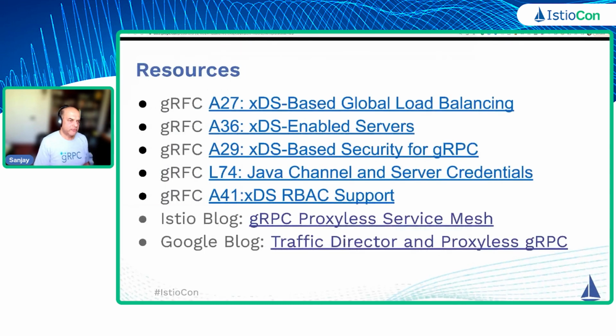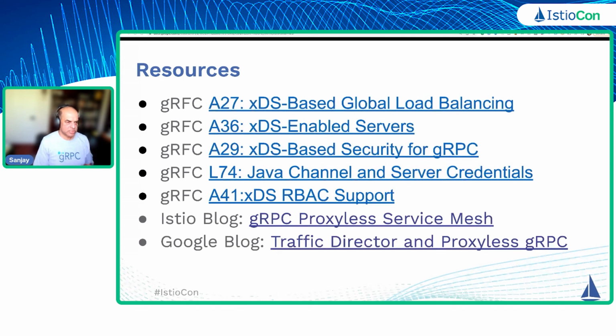In this slide, I have included some resources to get more information about Proxyless gRPC. The first five are gRFCs, which contain technical description of various things we discussed earlier, specifically starting with XDS load balancing, then XDS in servers, another gRFC describing the Proxyless gRPC security, on which I had two slides.